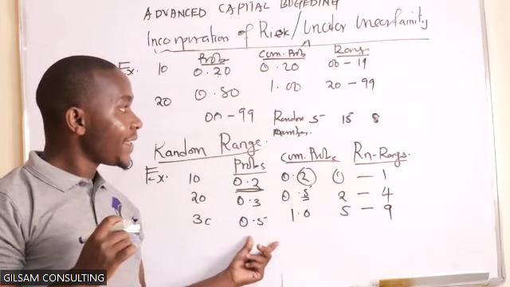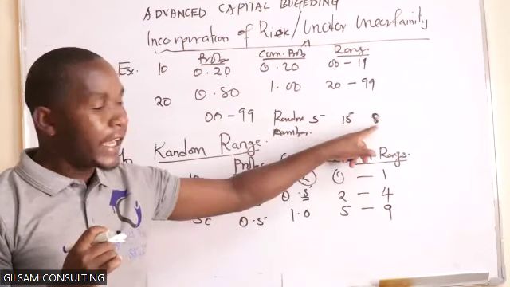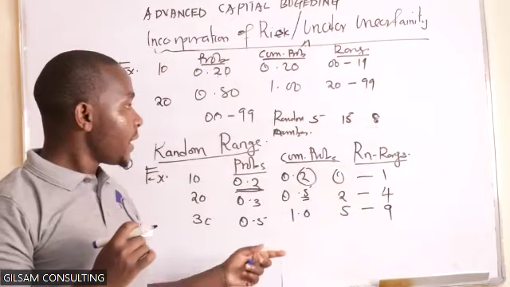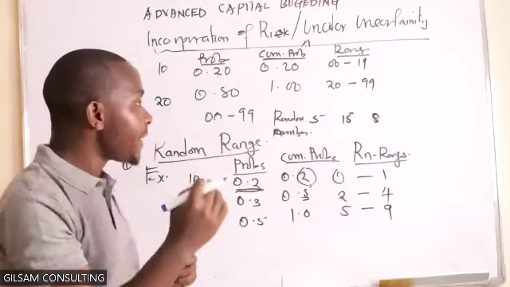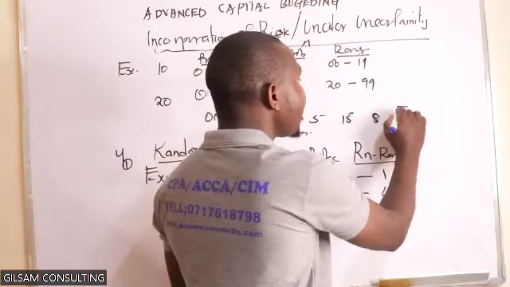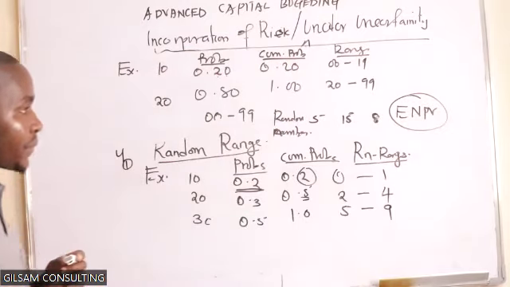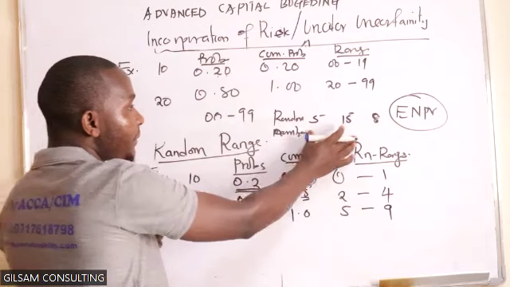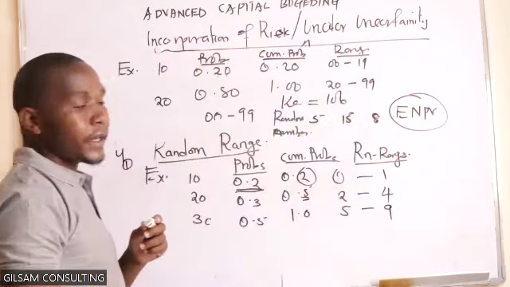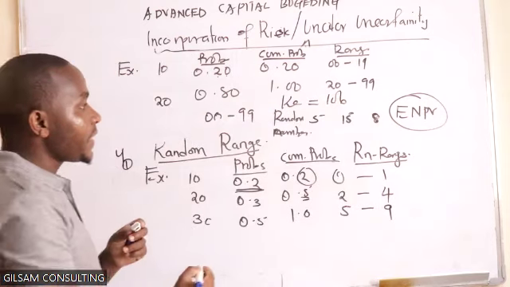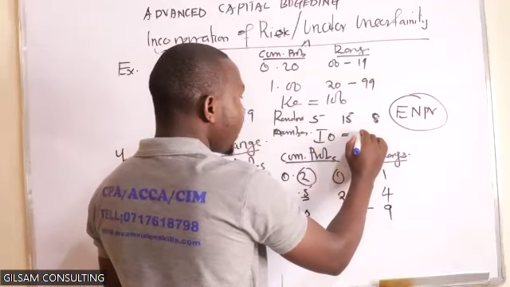Assuming the examiner has given you these random numbers, 15, 5, 15, 8, and asks you to get the expected net present value, with a cost of capital of 10% and an initial outlay of 5.